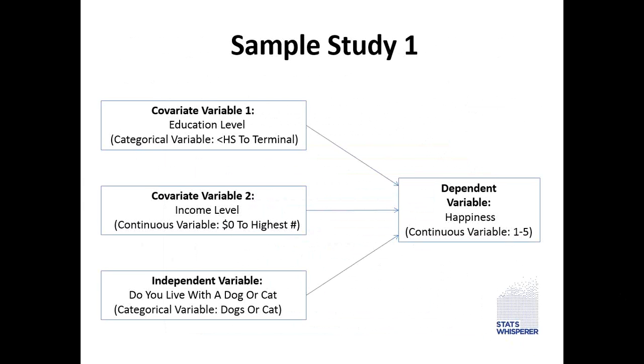On the right, we have the dependent variable. We're explaining happiness. On the left, we have the 2 covariate variables, the predictors, which are education level and income level. And the third predictor is our independent variable, do you live with a dog or a cat, right? So our purpose is to see how these 3 predictors impact happiness.